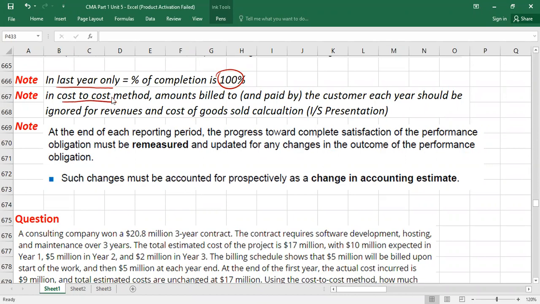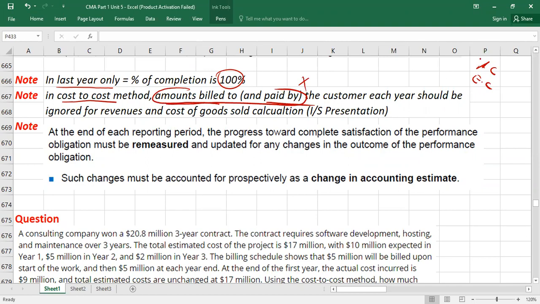Second is what? In the cost to cost method, which we are discussing now, please remember, sometimes in the exam question, he will tell you actual cost, estimated cost, plus the amount billed to the customer and amount received from the customer. You don't need to worry about the amount billed and received, just ignore it.